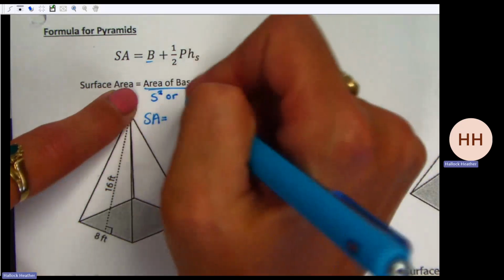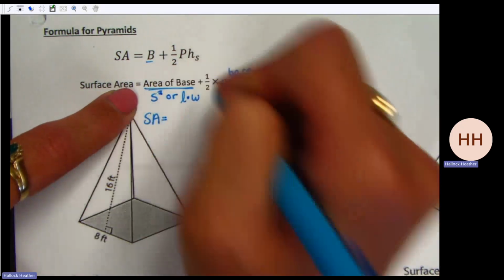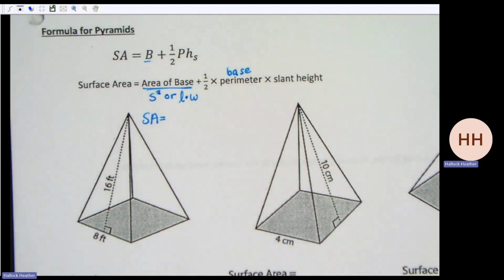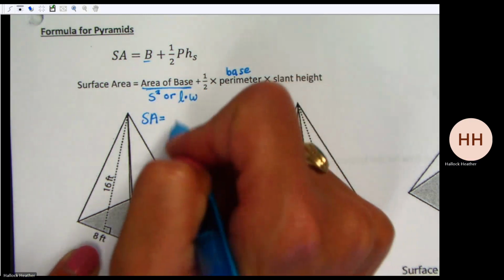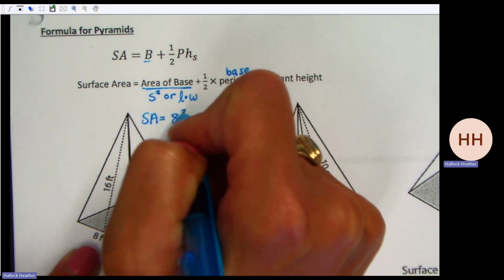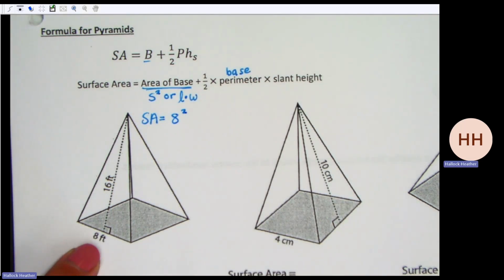Yeah, which is like length times width. Most people think length times width. If you think S squared, both are the same thing because either way you're taking the same number and you're multiplying by itself because it's a square. So I'm going to do 8 to the power of 2. Because it's a square, it's really 8 times 8.